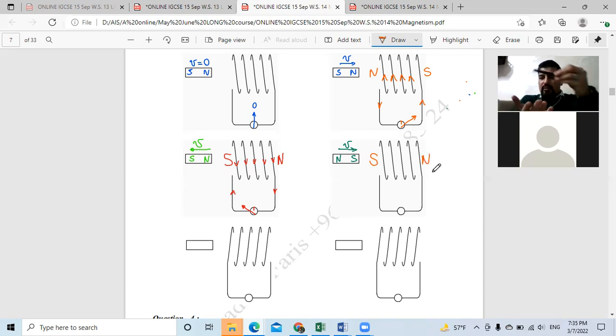Use your grip right hand rule. Imagine this is the solenoid that you hold. This is the north. When you close your fingers, the current that you can see is going down. That means the pointer will go to the right.